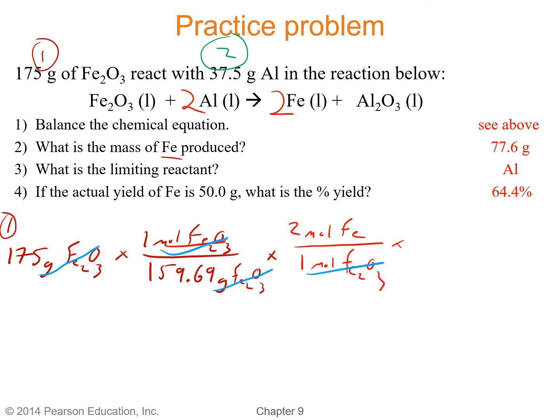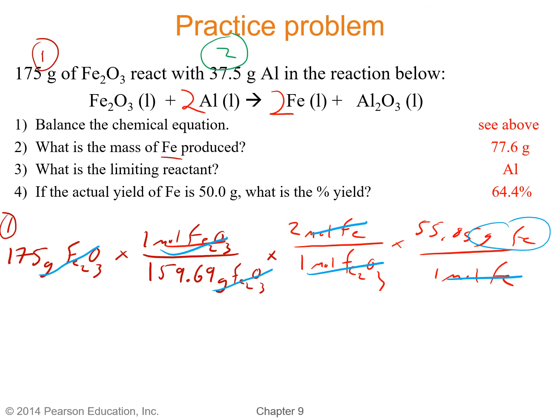But we wanted the mass of iron, and mass is grams, so we need to convert this quantity into grams. Molar mass of iron is 55.85 grams iron per 1 mole iron. And again, that cancels out, leaving us in the unit of grams of iron, which is where we want it to be.